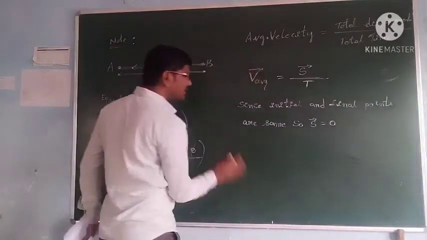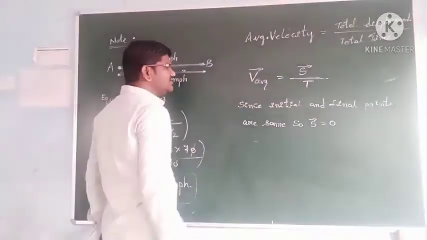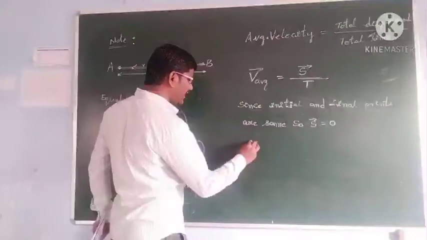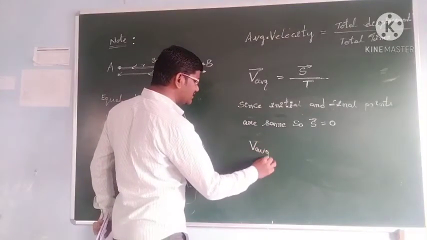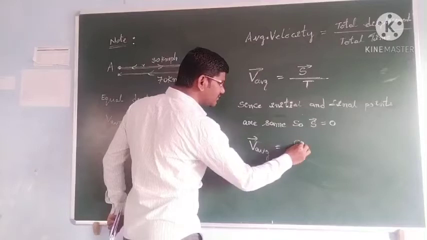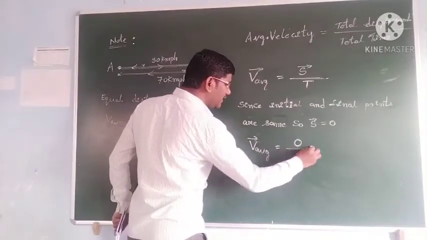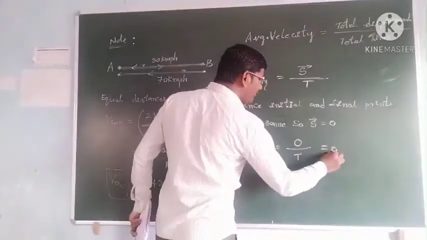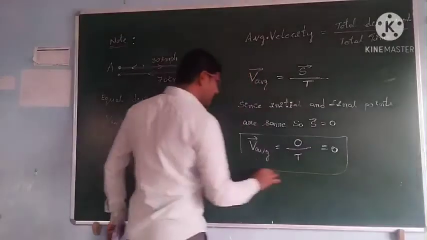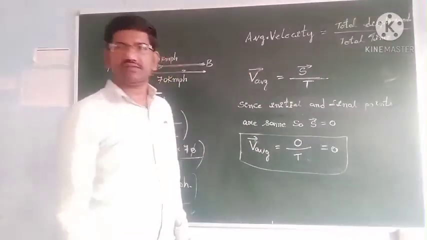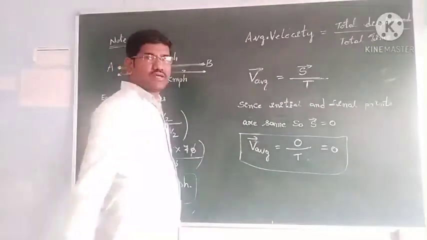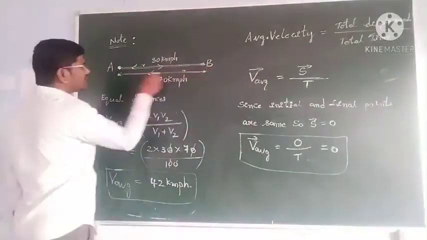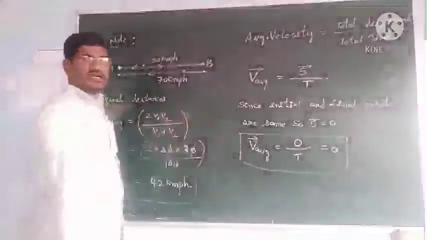When the displacement is 0, average velocity V average is equal to total displacement, 0, by total time T. 0 by anything is 0. So average velocity in this situation becomes 0, students. It started at A and went to B and returned, so the final point coincides and you will get 0.